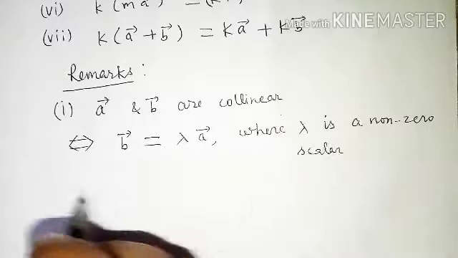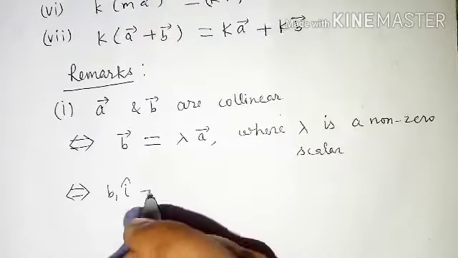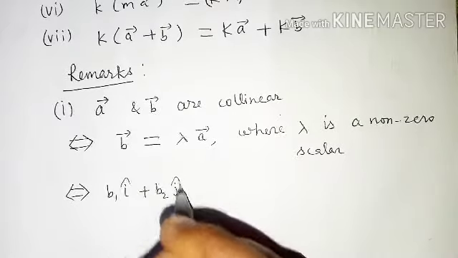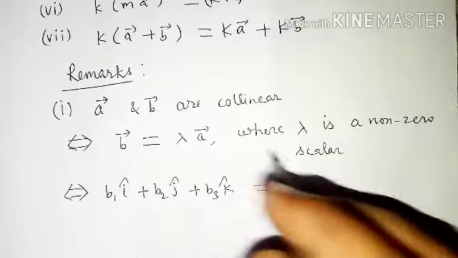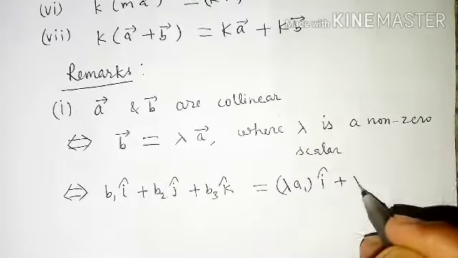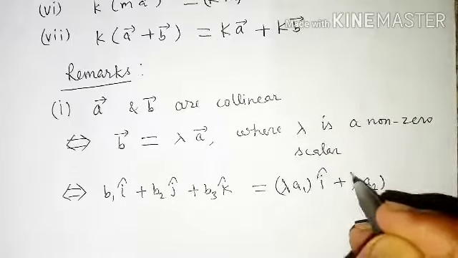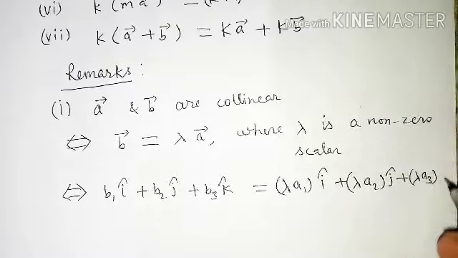In component form, vector B is b1 i cap plus b2 j cap plus b3 k cap. Now lambda into vector A is lambda a1 i cap plus lambda a2 j cap plus lambda a3 k cap.